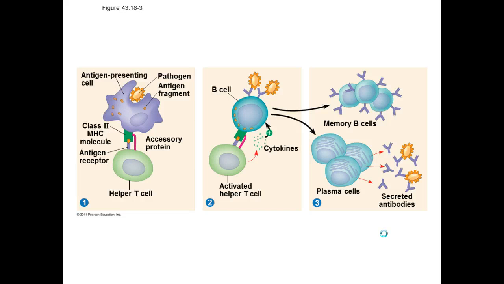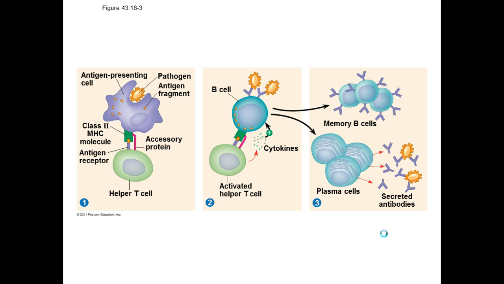So here is a more detailed diagram of how a helper T cell will activate a B cell. So again, the helper T cell is activated. It will bind to an APC cell, and here you have an MHC2 receptor that has an antigen presented on it. And the helper T cell will recognize it, bind to it.